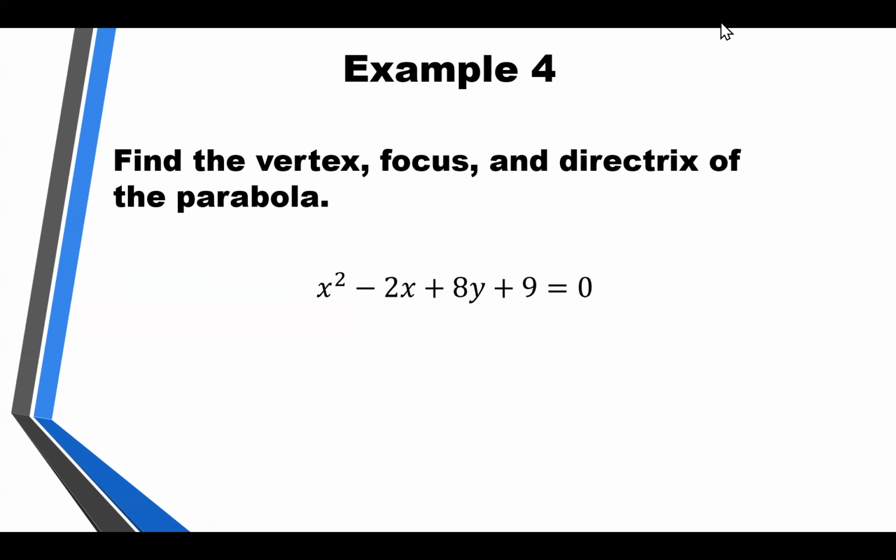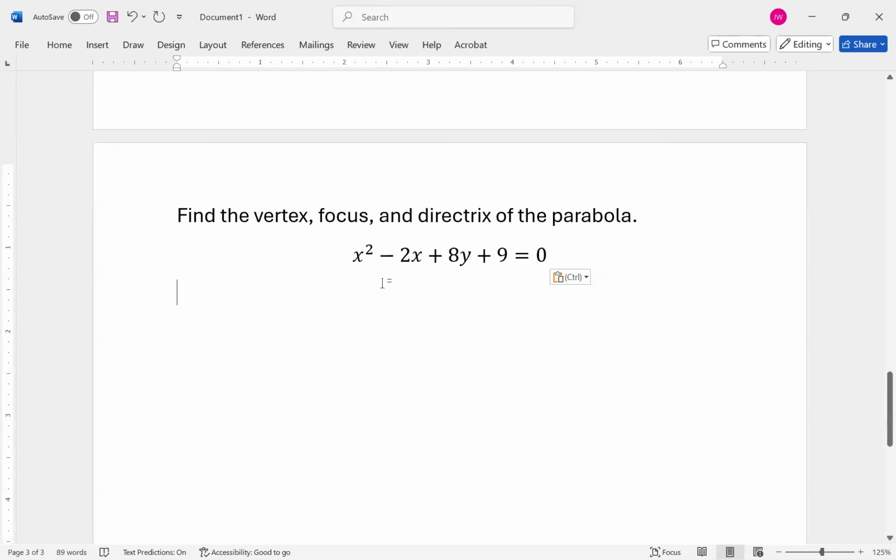Pause this if you want and do it on your own if you'd like. Now I can clearly see that in this case, the x squared term is the one that's being squared. Therefore, I know that I'm going to be utilizing the equation of this form: (x - h) squared equals 4p times (y - k).